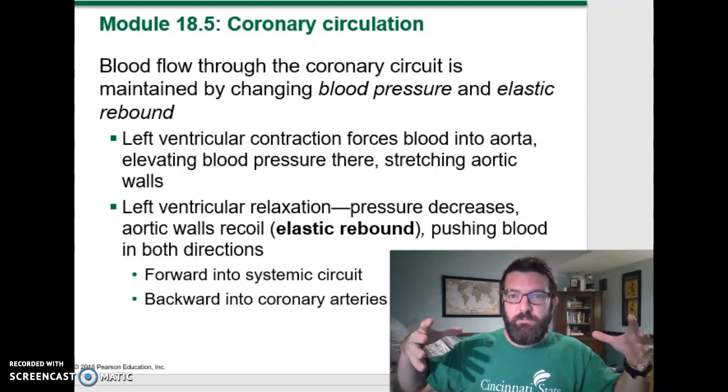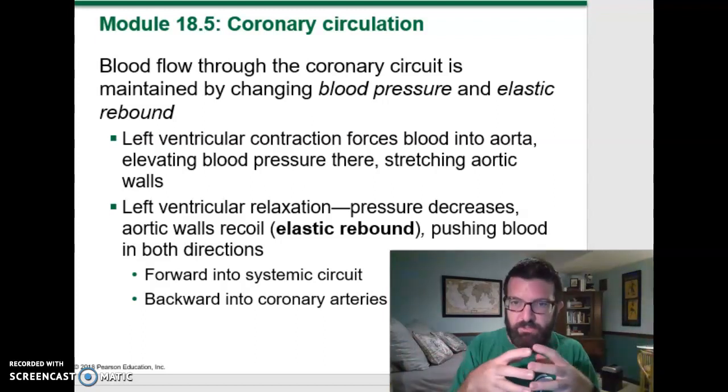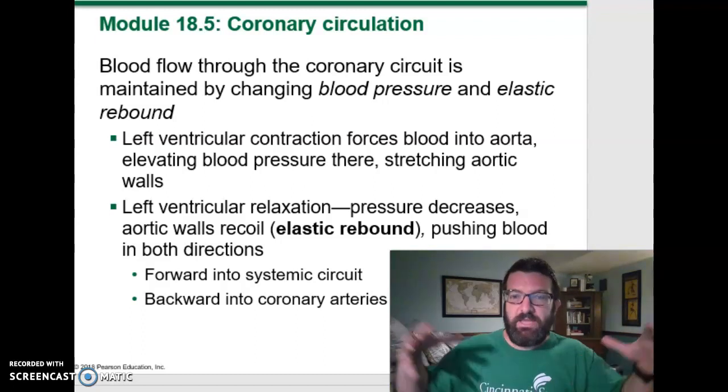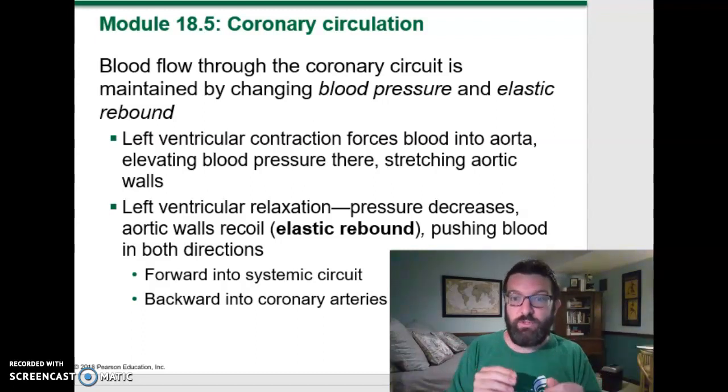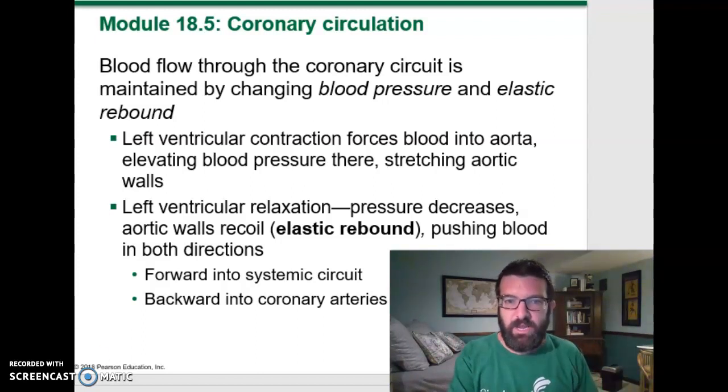So it has to be a little stretchy. And then as soon as that pressure drops during relaxation of the ventricles or diastole, it snaps back. It has lots of elastic tissue in there. And that snapback actually creates a spike in pressure and pushes blood through those coronary arteries and to the tissue of your heart.